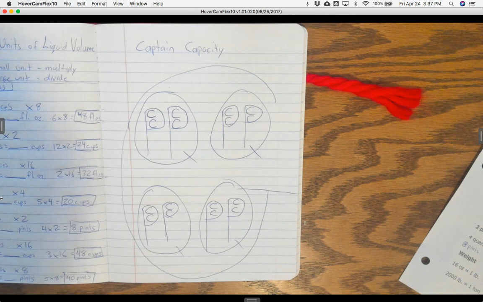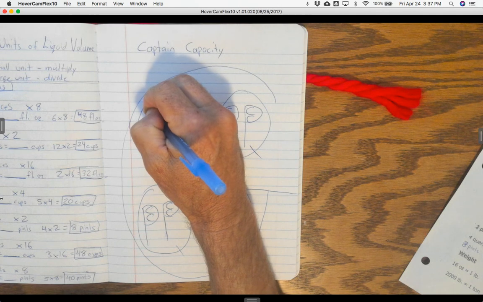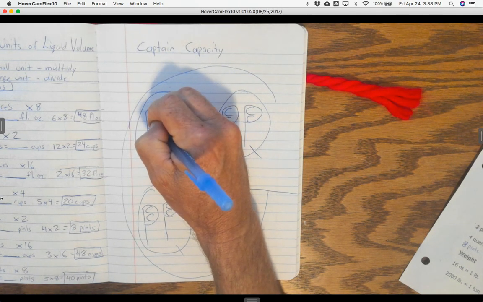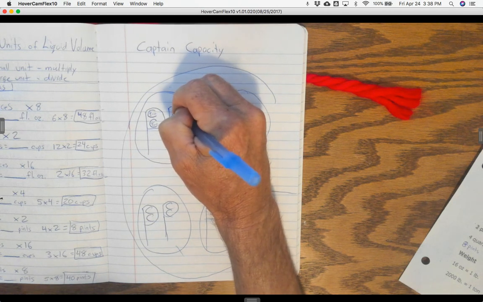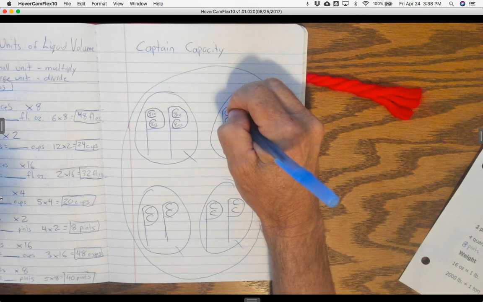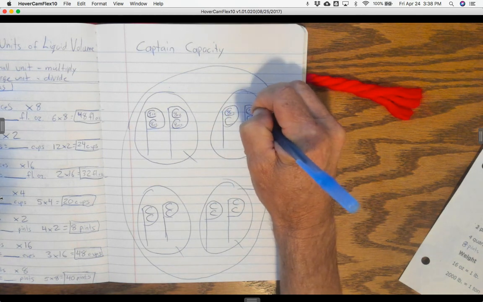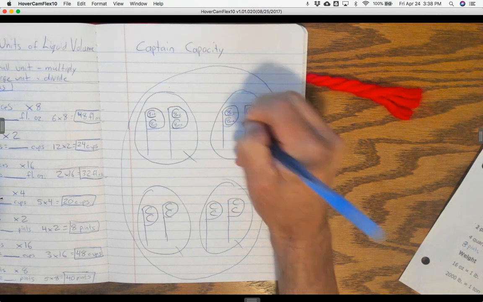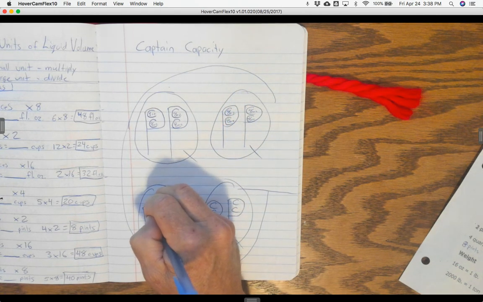If you made your letters big enough, what you could do is just note that there's 8 fluid ounces in each cup. Fluid ounces. If you don't have enough room for the 8, that's okay.